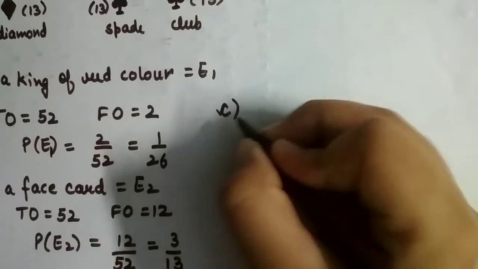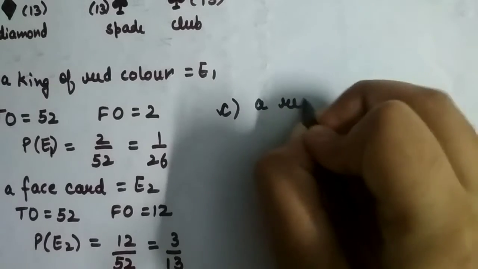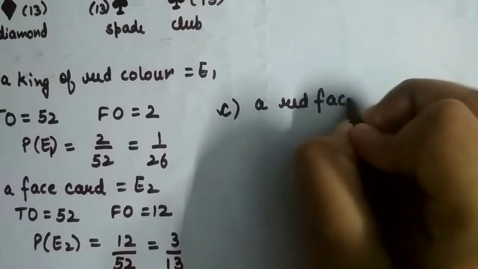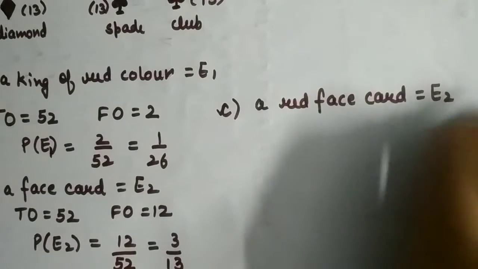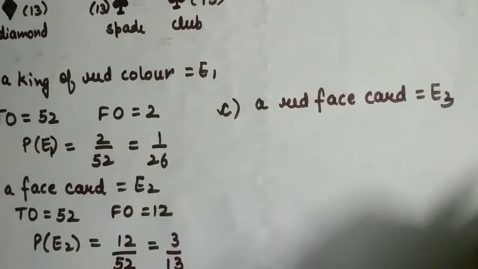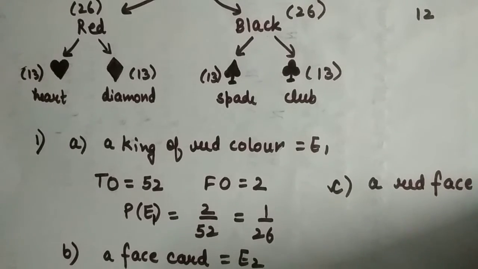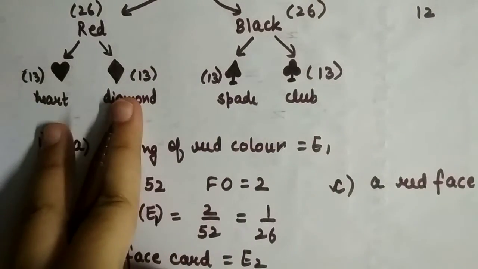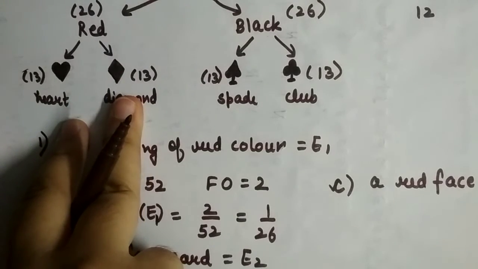Now in third part, they are asking what is the probability of getting a red face card. E3. So we know there are 3 face cards in each suit and there are 2 suits of red color, so there would be 6 red face cards.